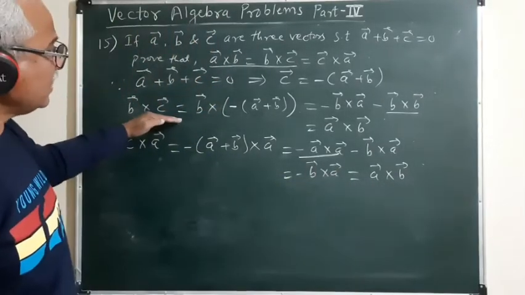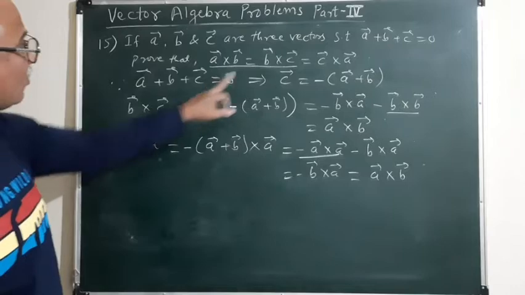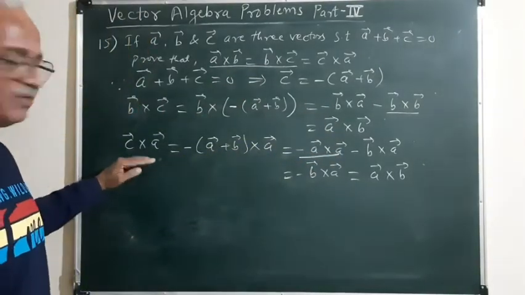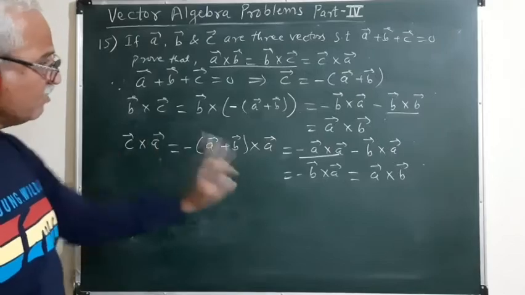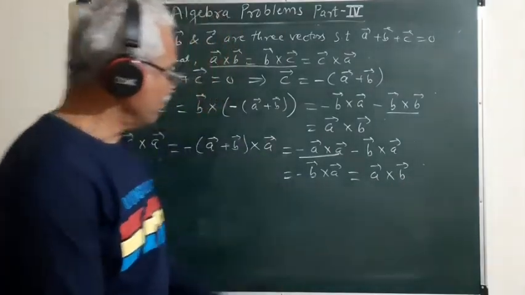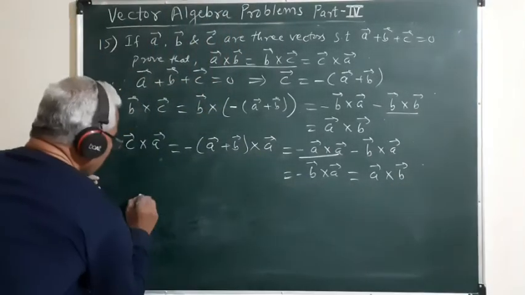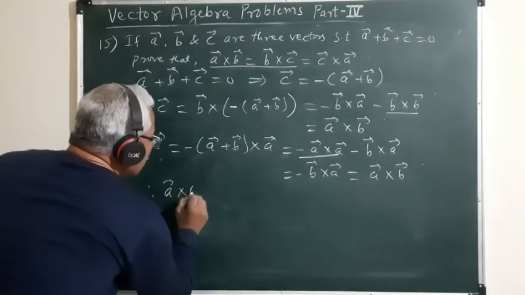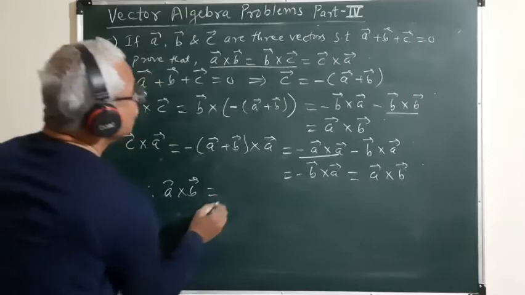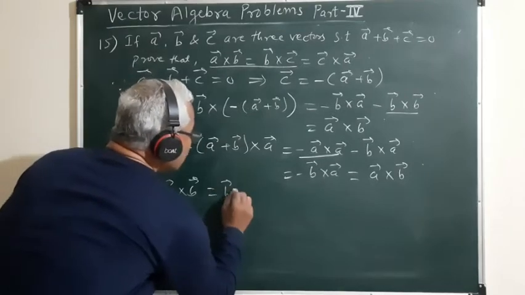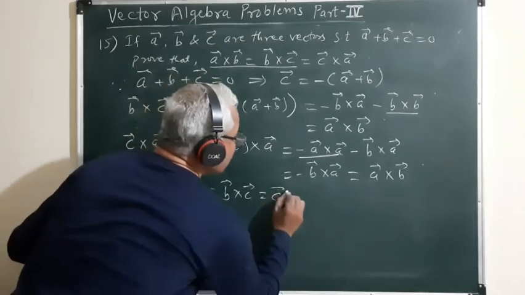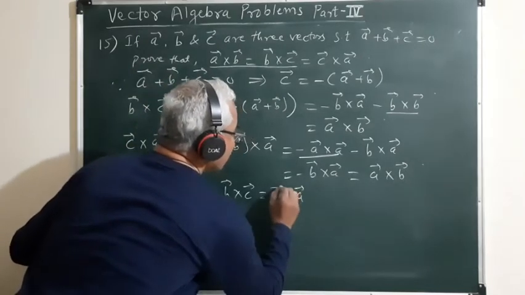So in the first identity we observe that b bar cross c bar is equal to a bar cross b bar, and in the second identity we observe that c bar cross a bar is equal to a bar cross b bar. Therefore we can conclude that a bar cross b bar is equal to b bar cross c bar is equal to c bar cross a bar.